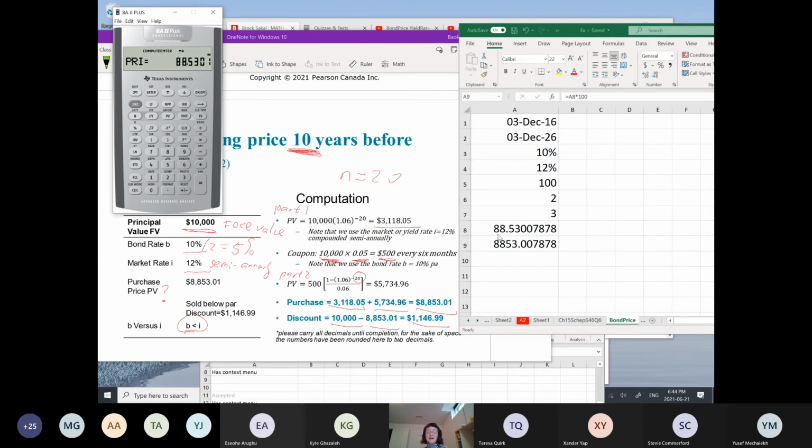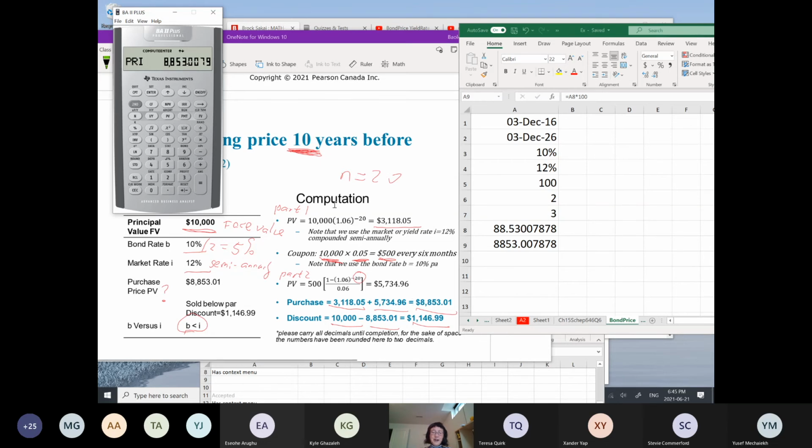Remember, this $88 is based on face value 100. Now you have face value 10,000, so you multiply this number by 100. You get $8,853. It agrees with the purchase price here. Any questions? So I introduced 3 methods.